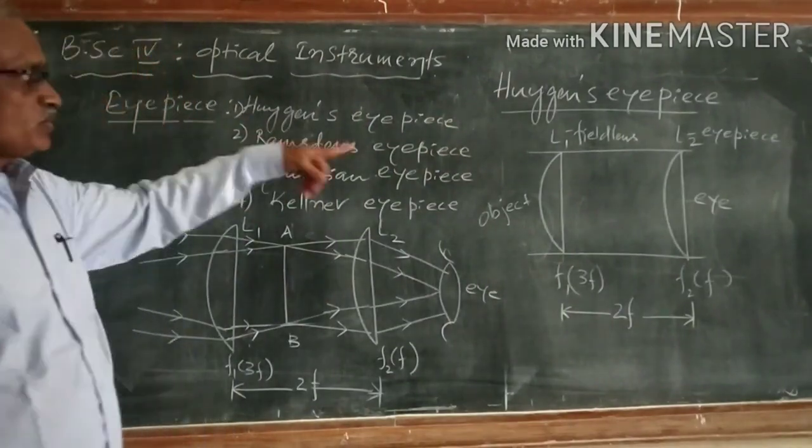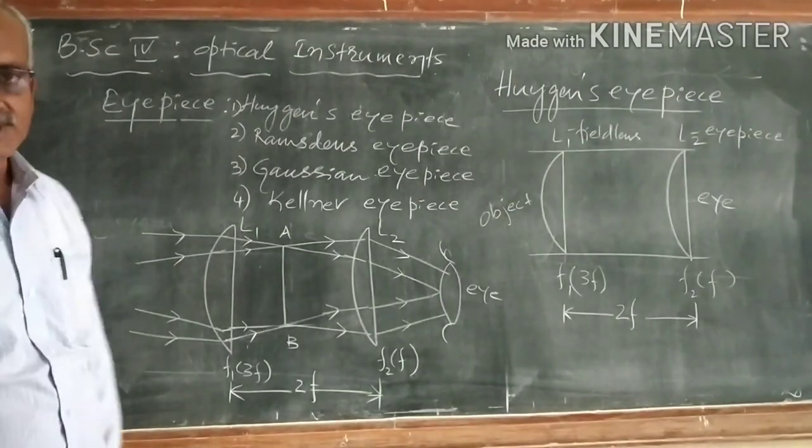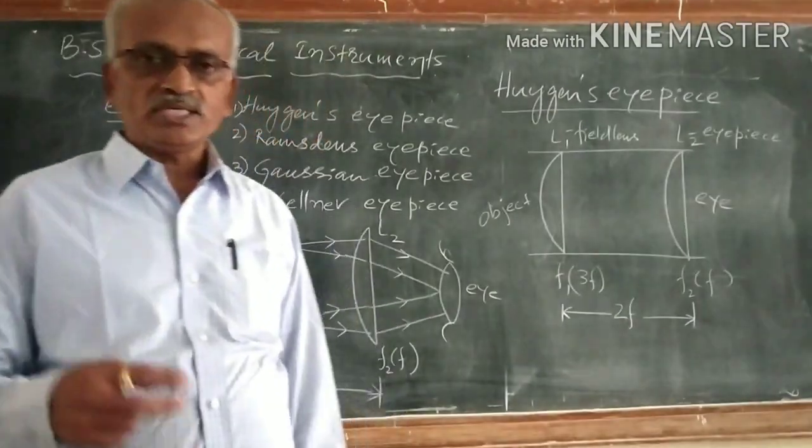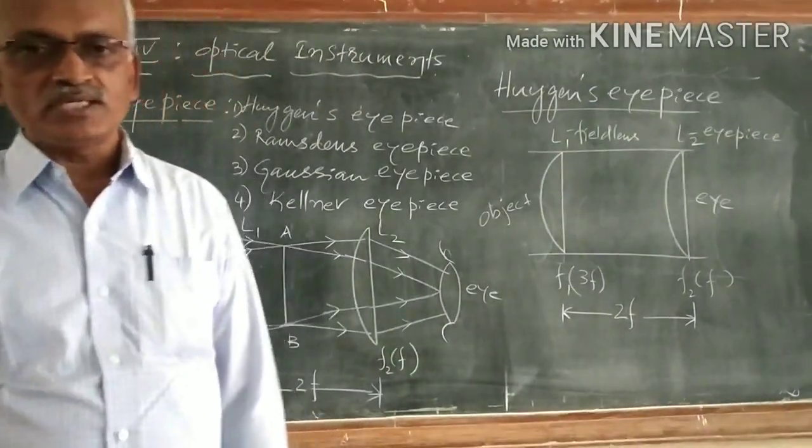The eyepiece has two lenses, the field lens and the eye lens. The field lens is always towards the object, and the eye lens is towards the eye, where we view the image.